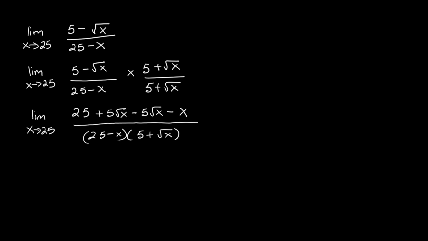As we mentioned before, do not FOIL our denominator just as yet, as this would make life much easier when solving the problem. So 5 root x minus 5 root x is 0, so these two would cancel, and so we are left with the limit as x approaches 25 of 25 minus x divided by 25 minus x multiplied by 5 plus the root of x.